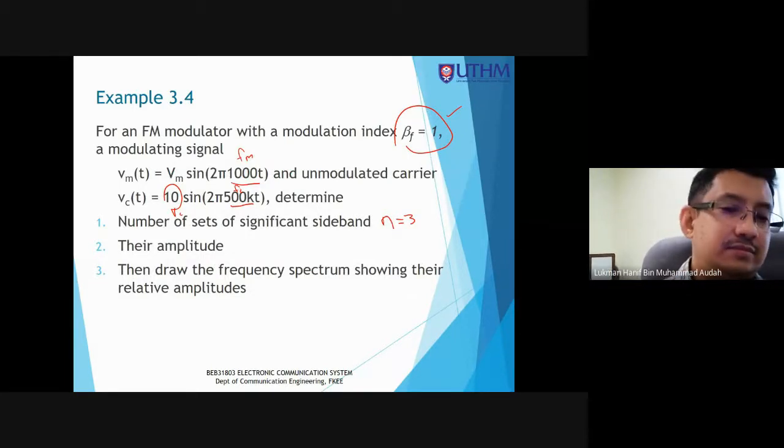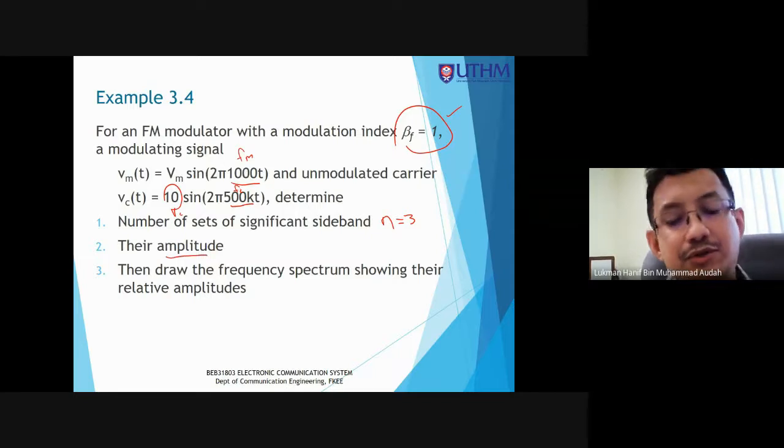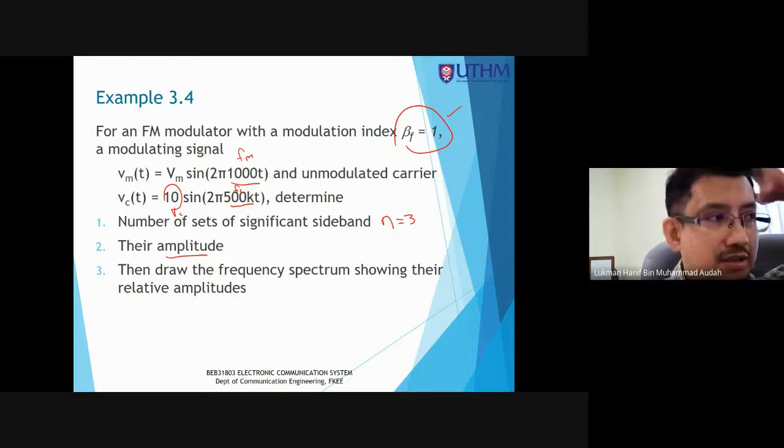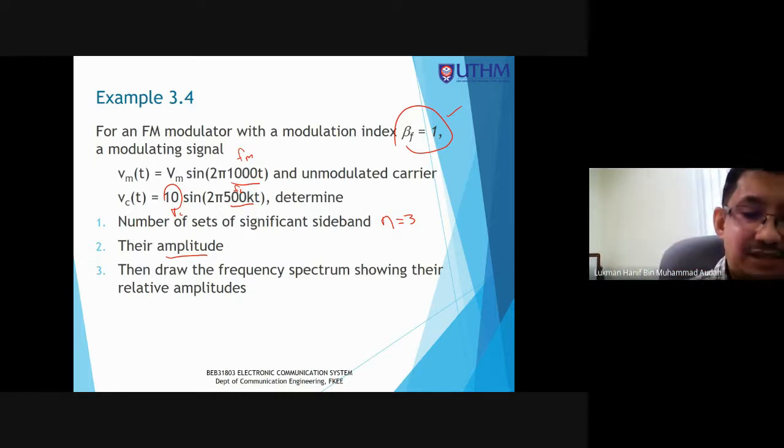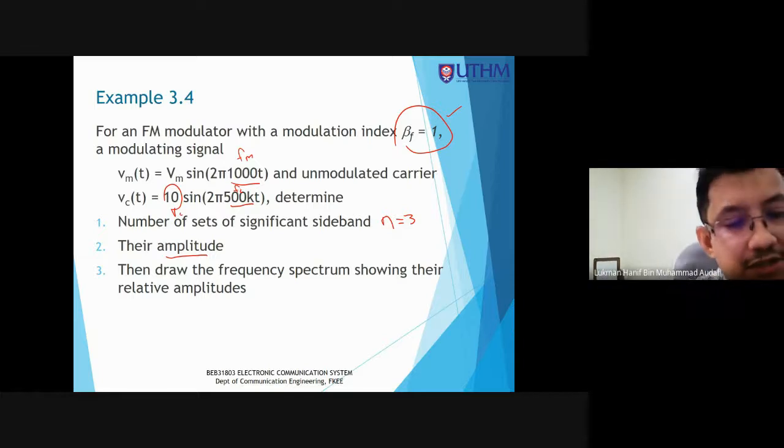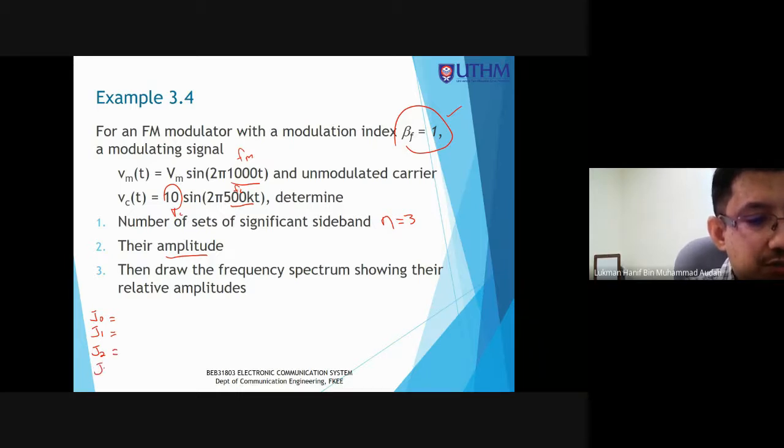And then what? How much is the amplitude? From the Bessel table, we can get the relative amplitude. From the Bessel table we can find the values of J0, J1, J2, J3.